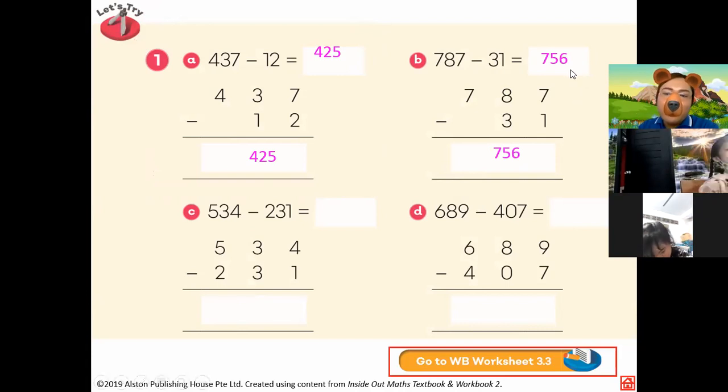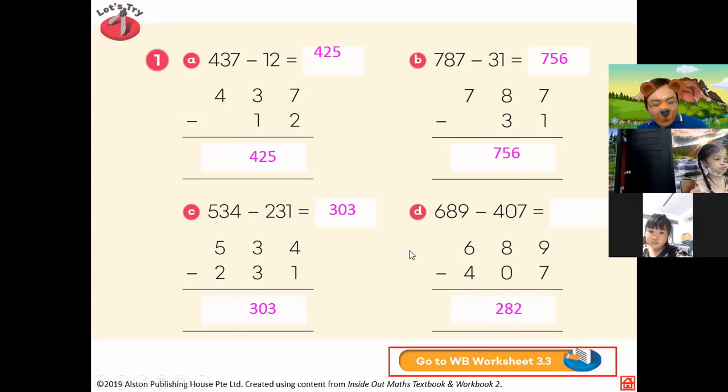So that's 756. What about letter C? 534 minus 231. 303. 303. Very good. And what about for letter D? 689 minus 207. 282. 282. All right, do you understand this?